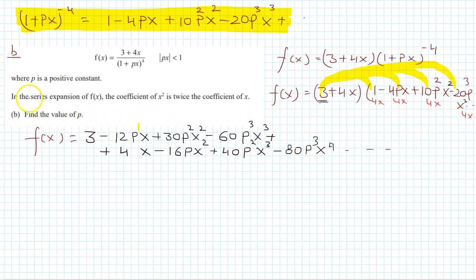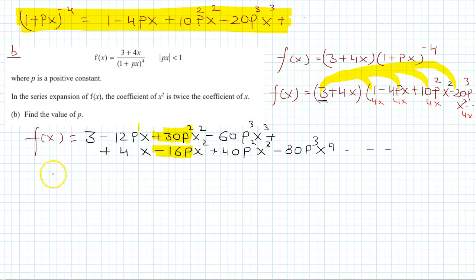So now what we have is the coefficient of x². This is x², so this is the coefficient of x², and this is the coefficient of x².